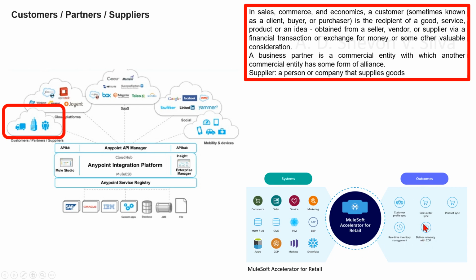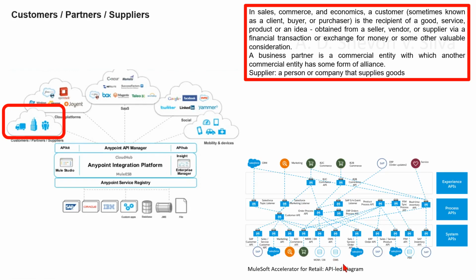Outcomes also interact with MuleSoft accelerator for retail. Under outcomes you can see customer profile sync, sales order sync, product sync, real-time inventory management, and deliver relevancy with CDP. Here you can see the MuleSoft accelerator for retail API-led diagram.